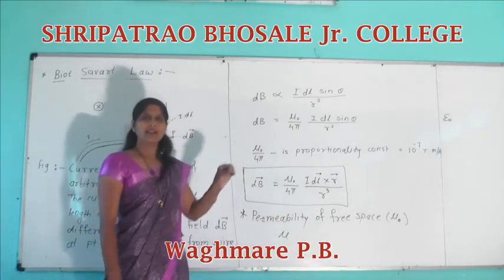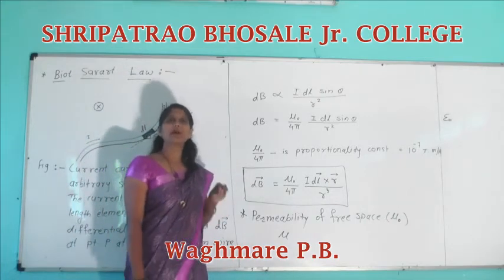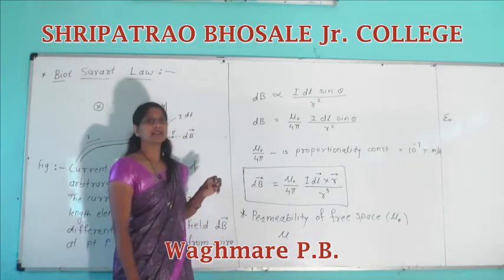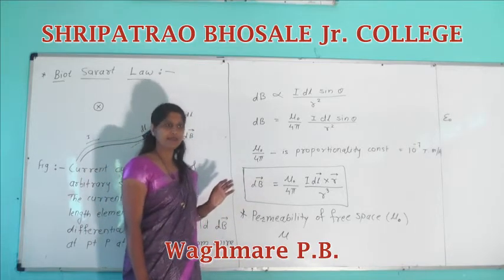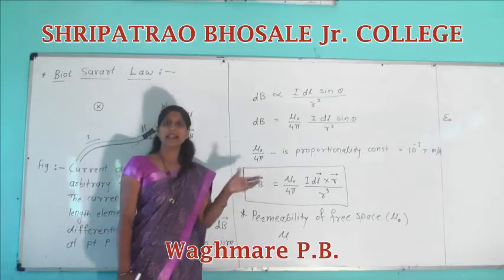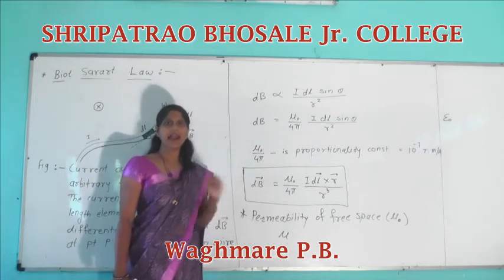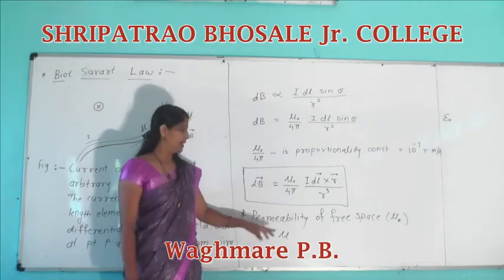We know that there are three types of materials when we think about the magnetic field: diamagnetic, paramagnetic and ferromagnetic material.